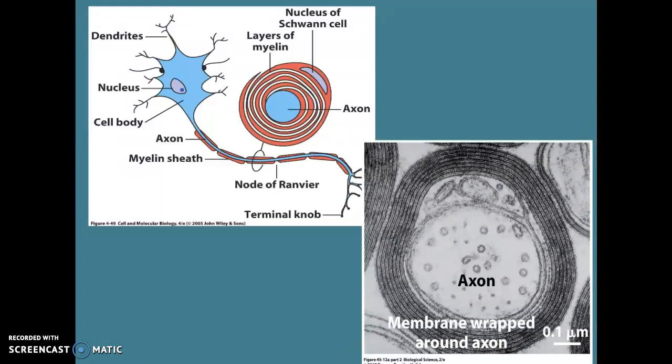The myelin sheath is created by oligodendrocytes in the CNS, or the Schwann cells of the PNS.